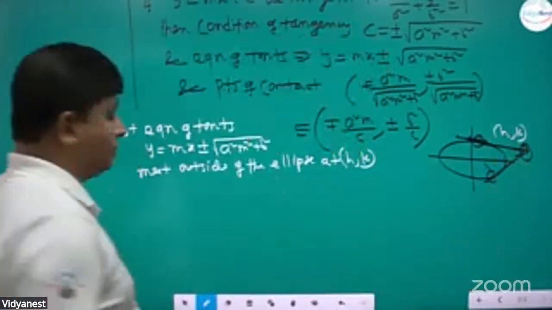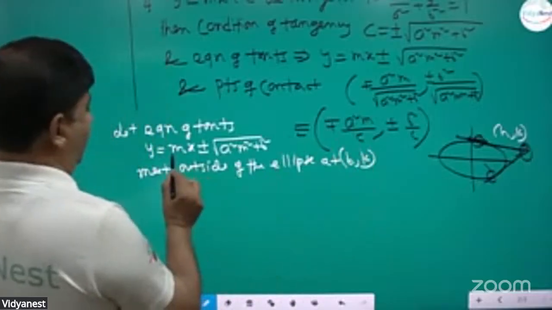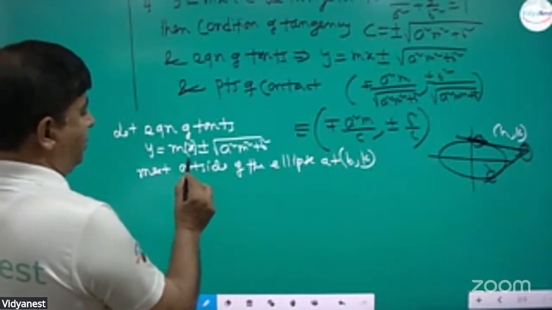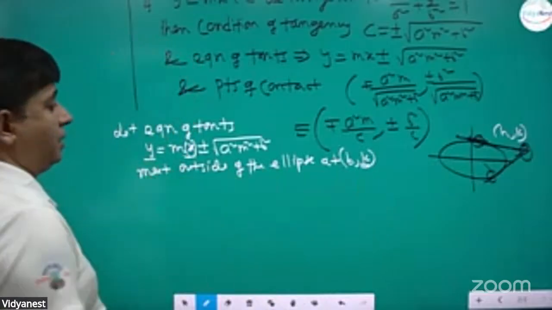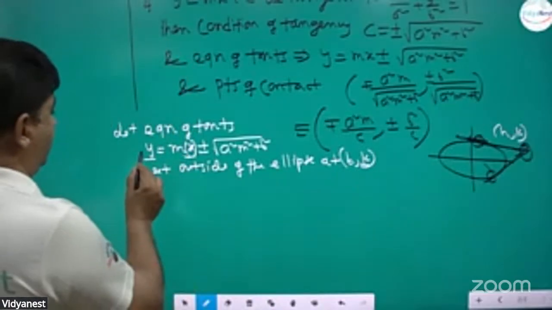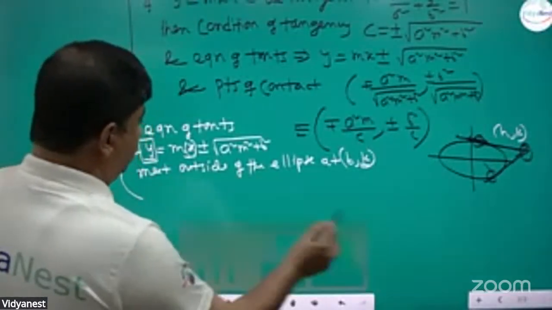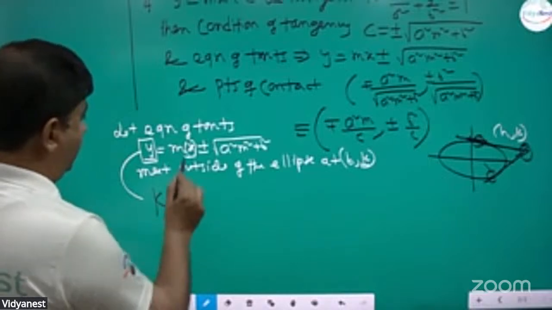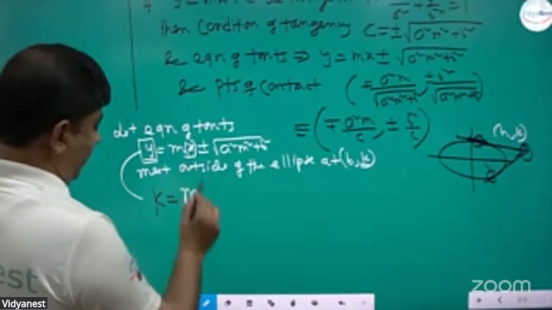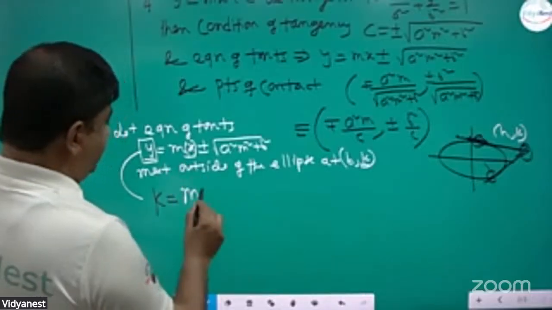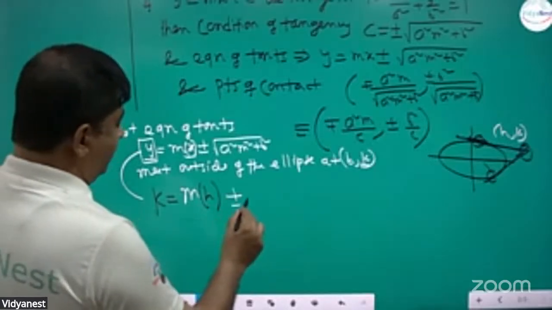That means that point's x component and this equation's x component will be the same, and that point's y component and this equation's y component will be the same. So in place of y, I can put k, and in place of x, I can put h, plus minus this thing.